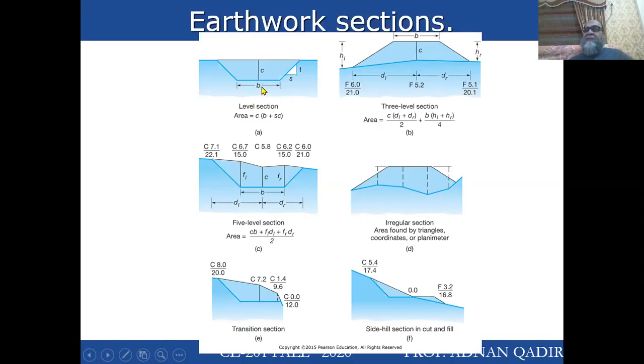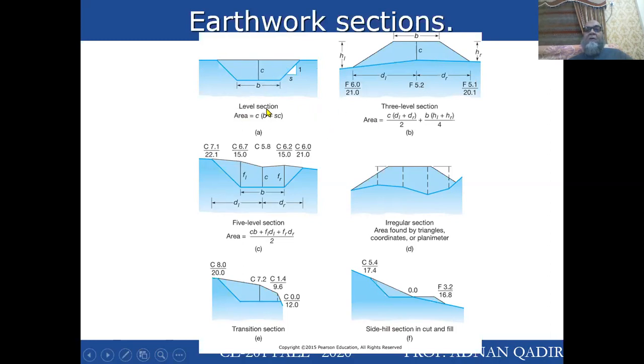I call this a level section because only one height is taken, that's why we call it a one level section. To calculate the area of this figure, this trapezoid, and obviously this is a cut section. Why? Because the ground is above, and the width at the top is more than the width at the bottom. So this is a cut, a one level section, and a trapezoid.